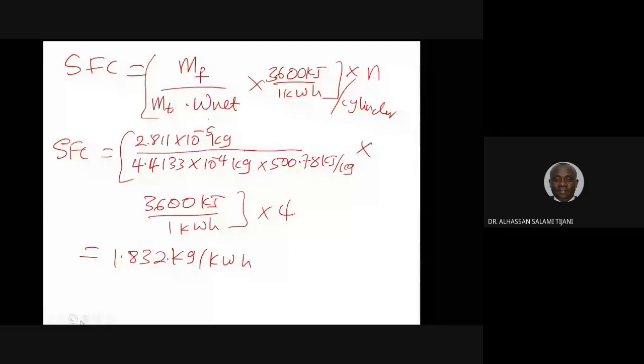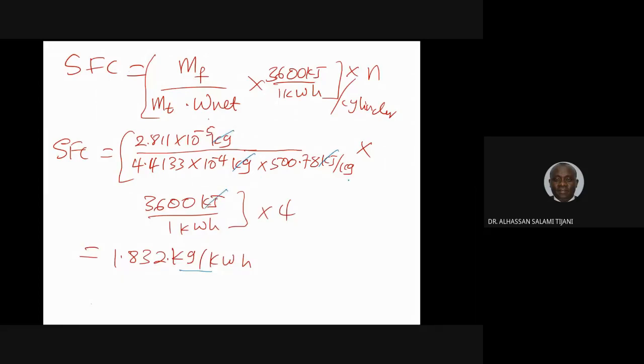So here, how did the unit come to this point? You see over here, we have kilogram. We'll cancel kilogram here. And then this kilojoules, which is in the denominator, will cancel this kilojoules out. So then we have kilogram over here, and then we have kilowatt hour, times 4.